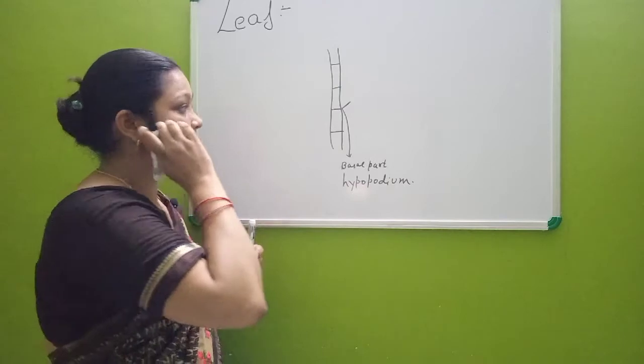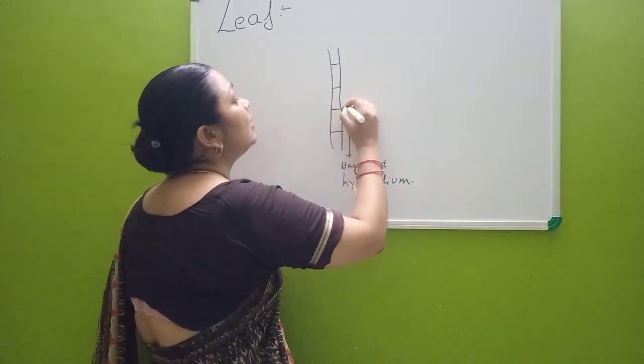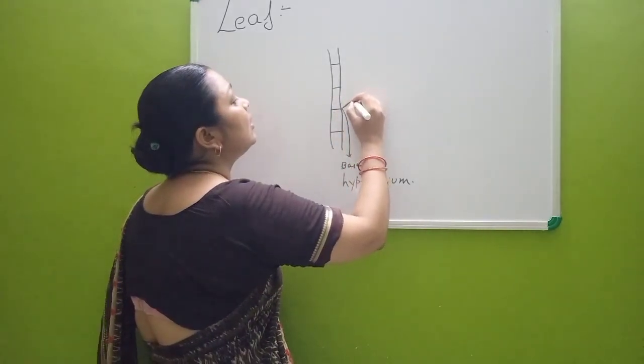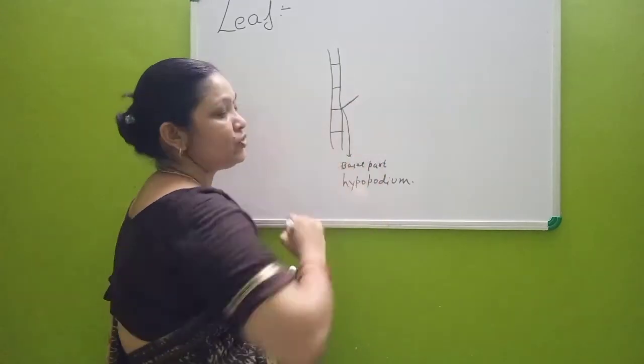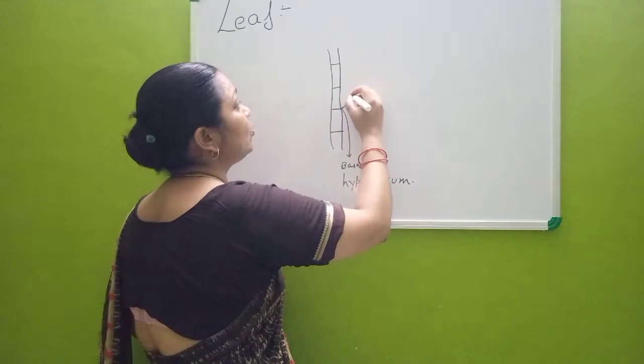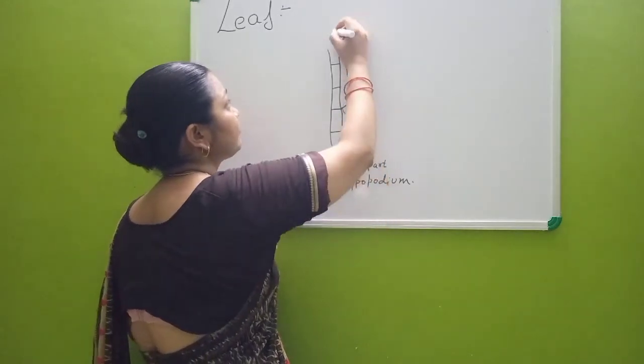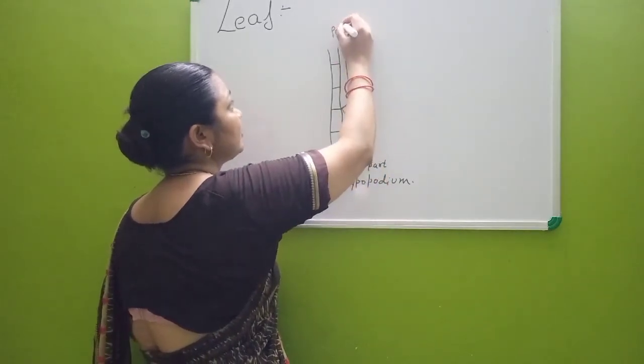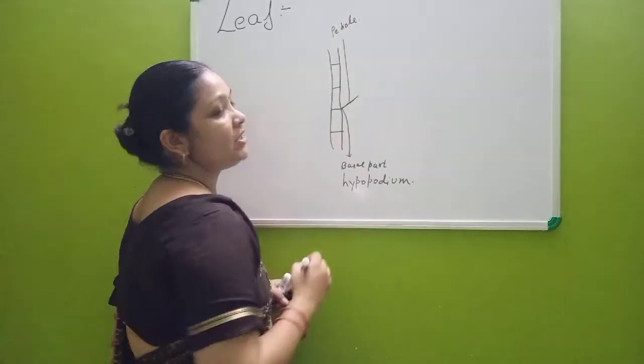Now from this basal part, a twig arises, and this twig is known as petiole.